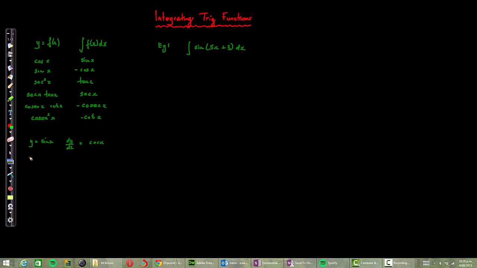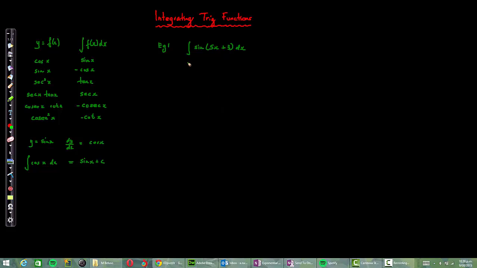So it stands to reason then that since integration is the reverse process of differentiation, when we integrate the cosine function we should get the sine function, and of course with our constant of integration. So this is essentially just a table of those antiderivatives. So the integral of cosine is sine, the integral of sine is negative cosine, and so on.